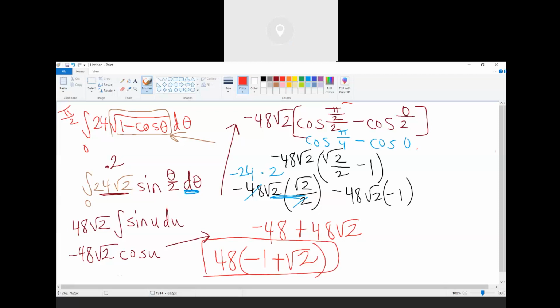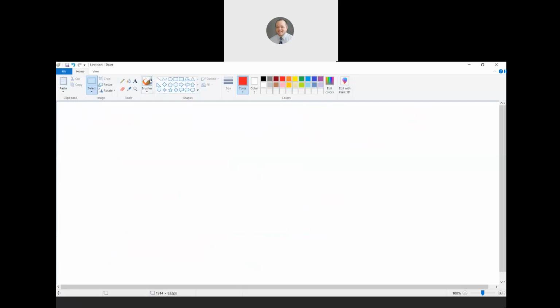Let me show you how to do another type of integral with a fraction. And this one's a little different from the others. We have 6 minus 72x all over the square root of 1 minus 36x squared dx.